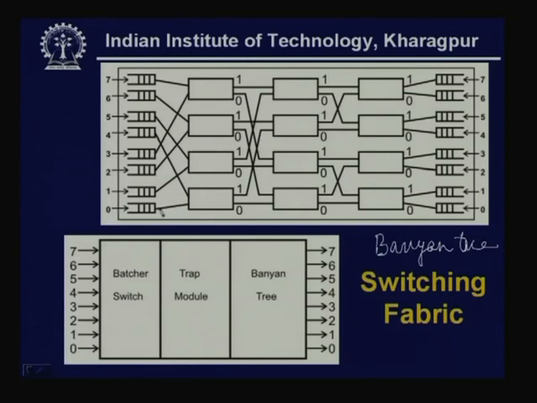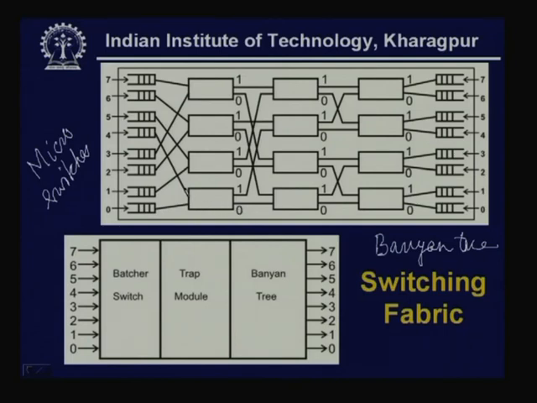Here it is coming, then to the 0 interface, it can go to any one of the interfaces, and this switching is done with the help of these bits. Inside it has micro switches, and these micro switches are used to do the switching. Depending on this bit, 1 or 0, the input will go to this end or this end.